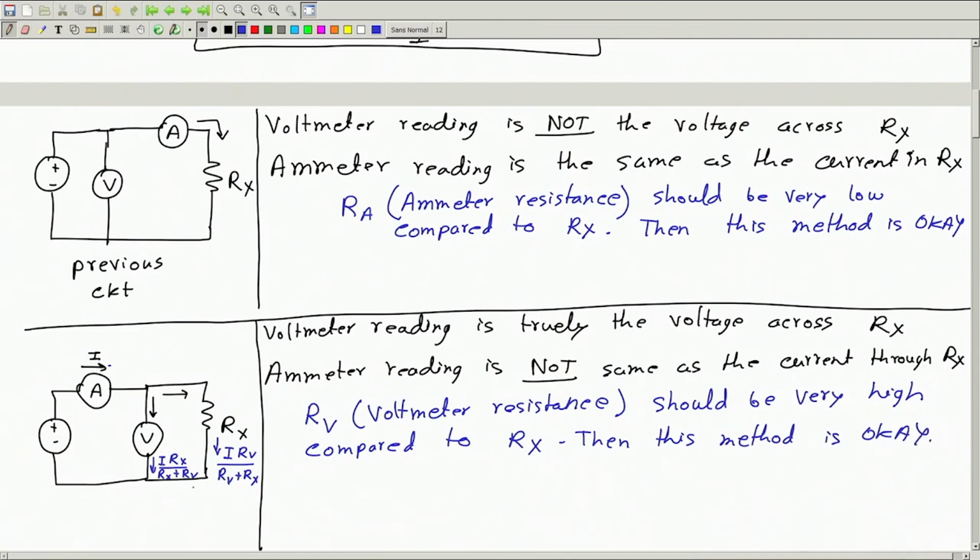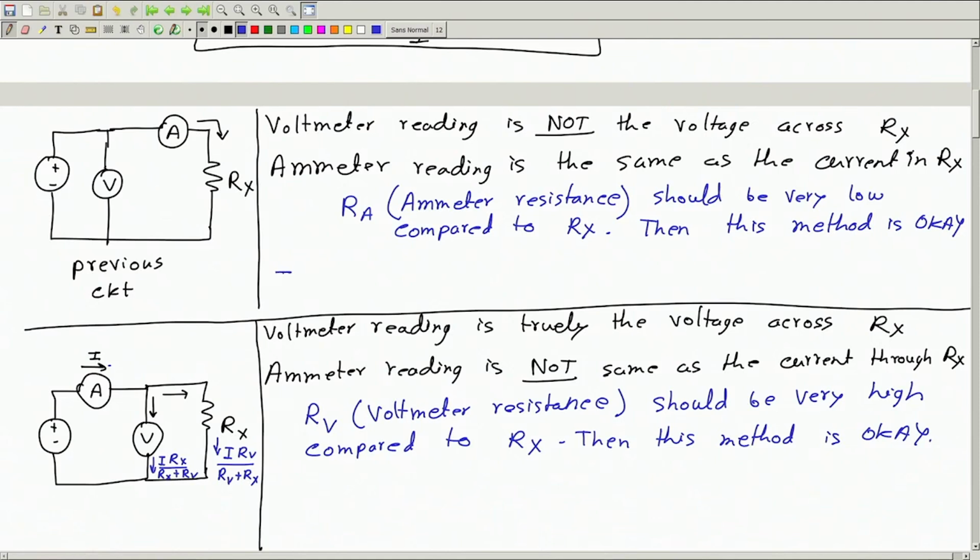So that means it depends. If I have to use a voltmeter and an ammeter to measure an unknown resistance, then which circuit I choose will depend on the comparative values of Rx and RA, and Rx and RV.